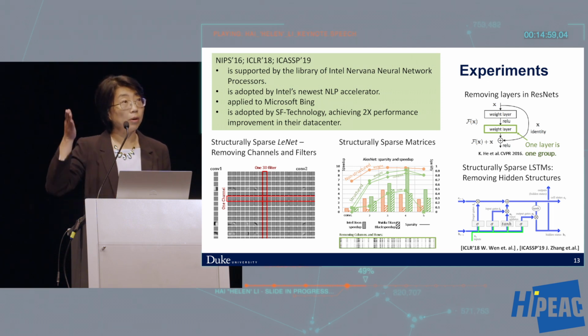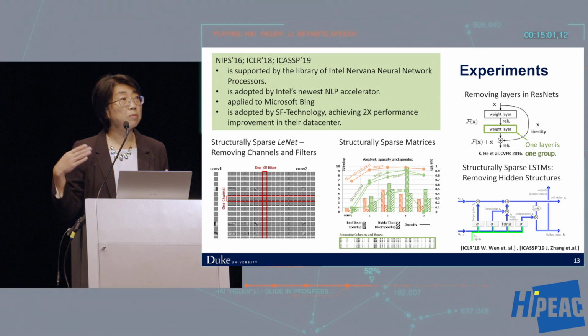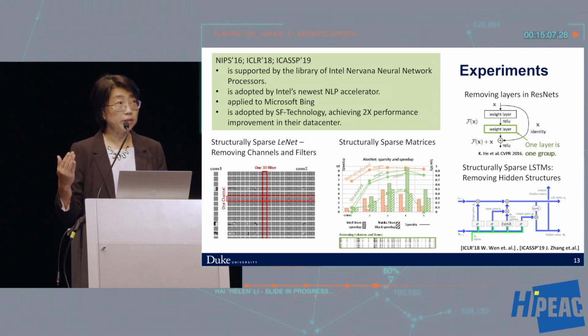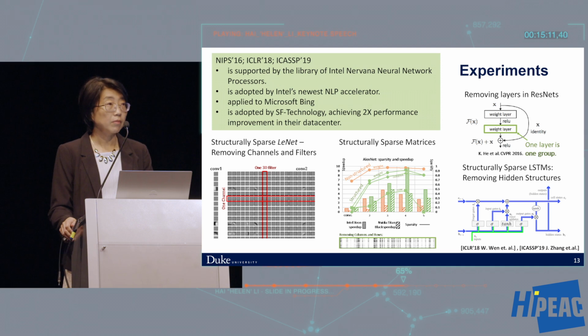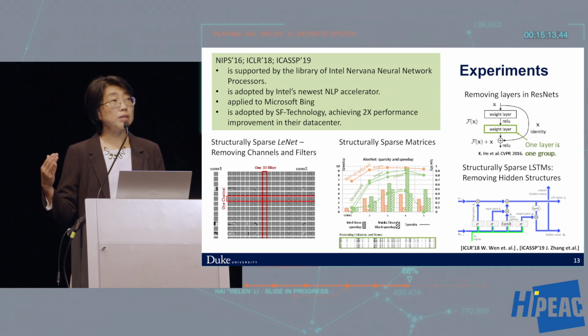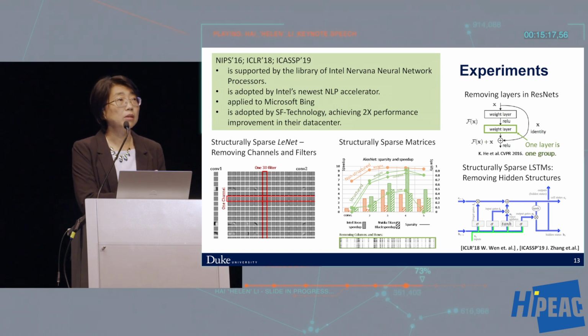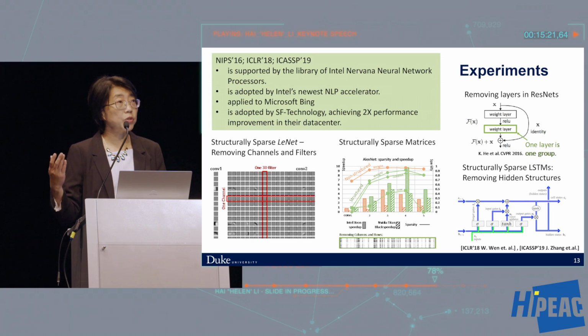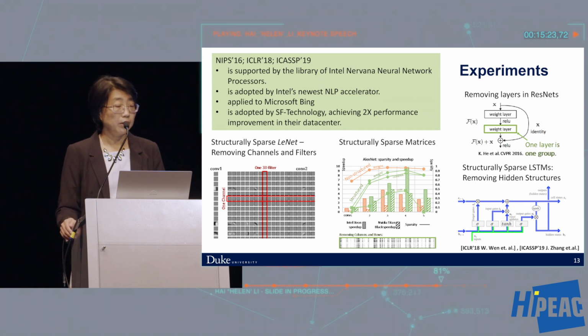The bars show the truly measured execution speed, and they always show that the structured versions have better execution speed than the non-structured ones. Later on, we extended the methodology to many other models, including long short-term memory LSTM models, transformers, and a lot more.